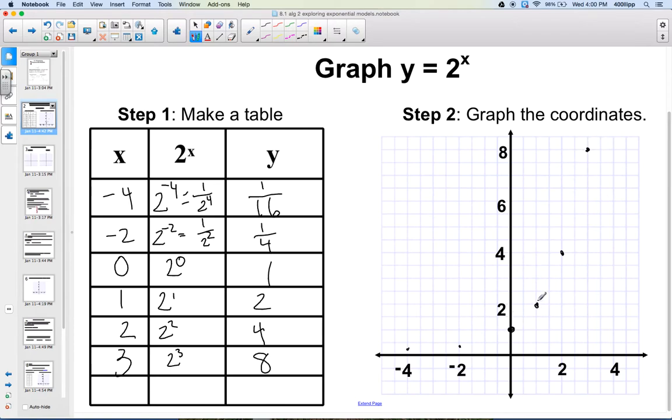And, all right, I'm going to apologize for my graphs already. Still hard to use this tablet here. And then it will be approaching your horizontal asymptote still. Okay, so we still have that horizontal asymptote of y equals 0, and you can go ahead and draw that in there, and that's it. That is our exponential growth.